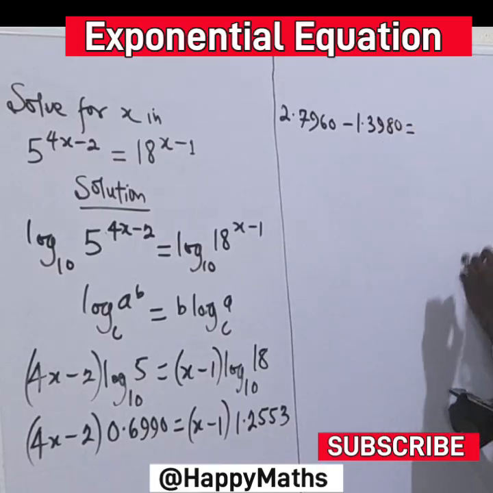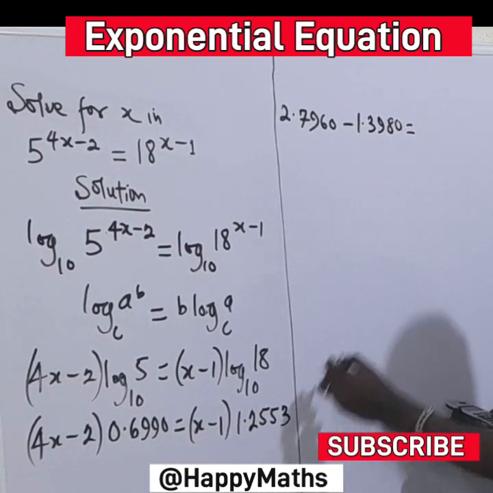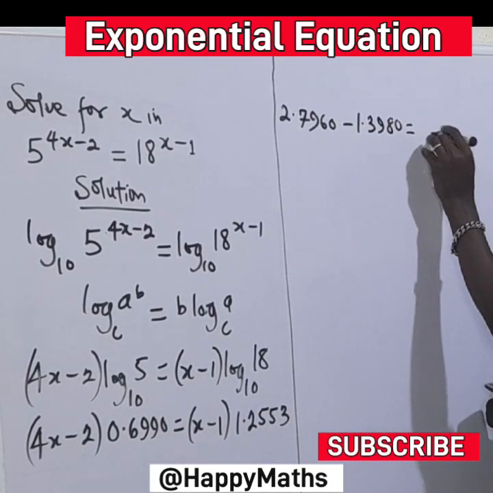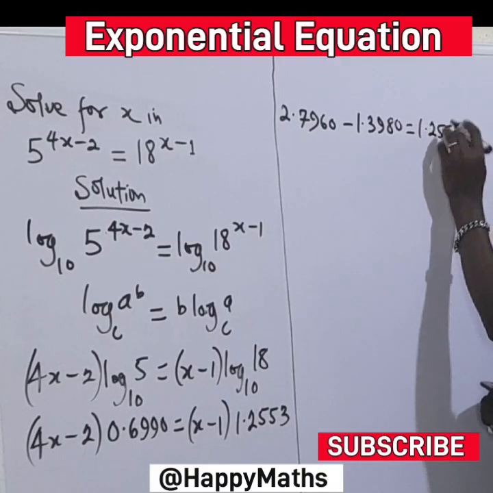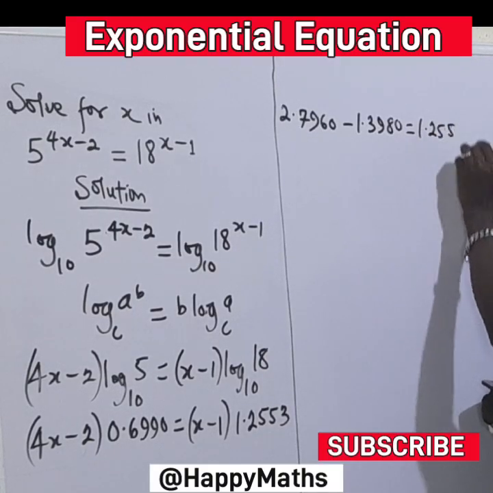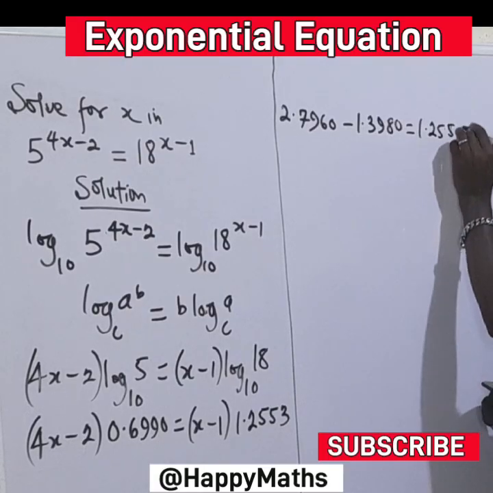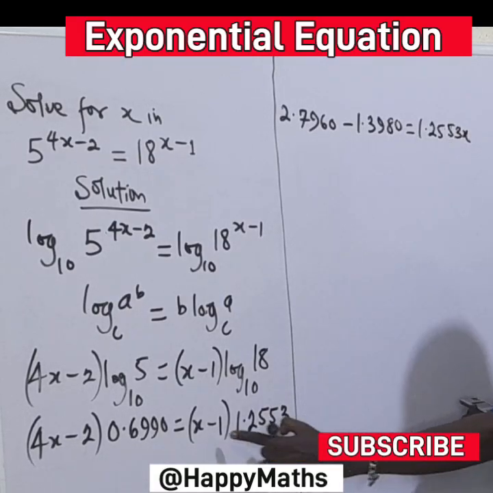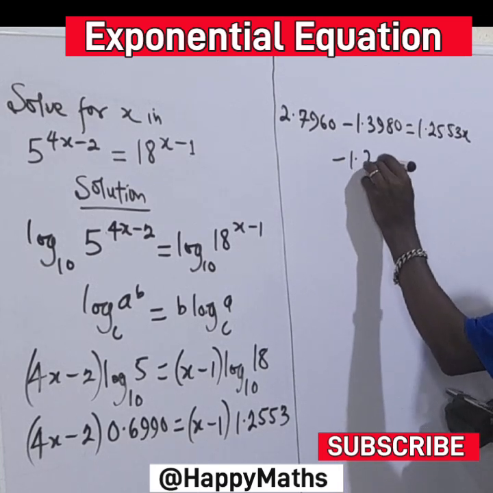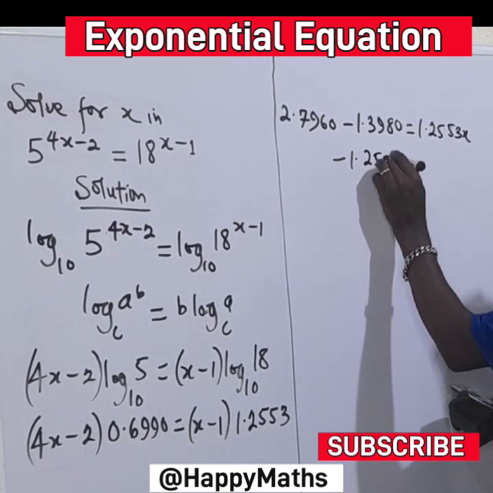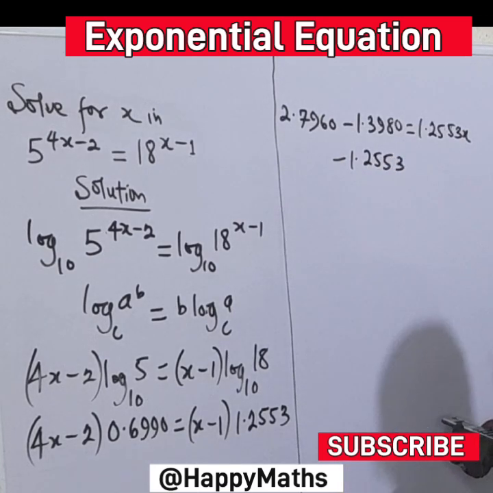Now let me add the other side. Then this will give us 1.2553s, then minus 1.2553.